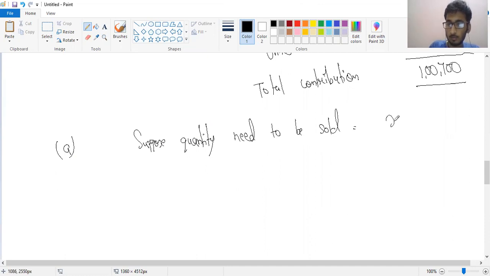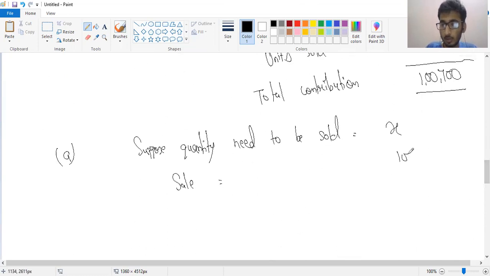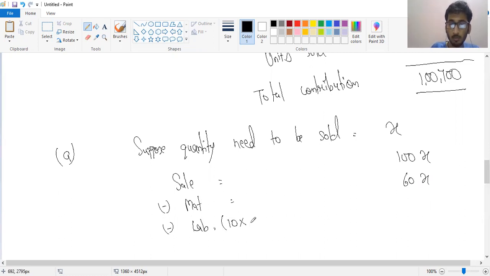is X. So I can say sale would be 100X minus material, it would be 60X, minus labor. Now labor earlier was 10, but it would be increased by 10%. So I can say 11X.